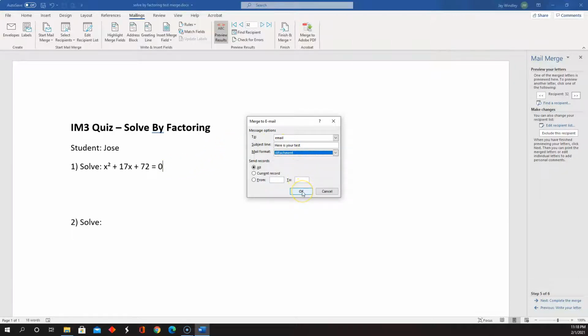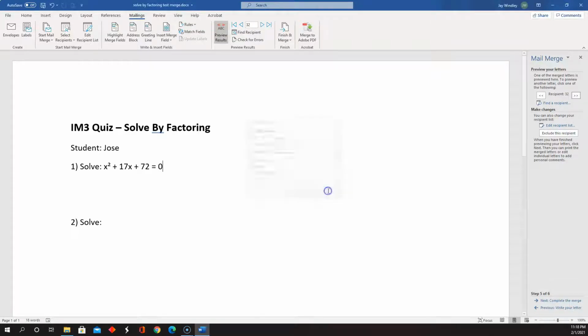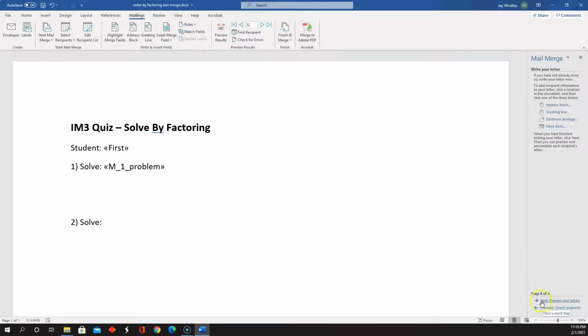I'm not going to send the students their test right this second, but if I hit OK, then the emails will all be generated and sent. Before you hit OK, make sure that you have Outlook open so that Word can communicate with Outlook.